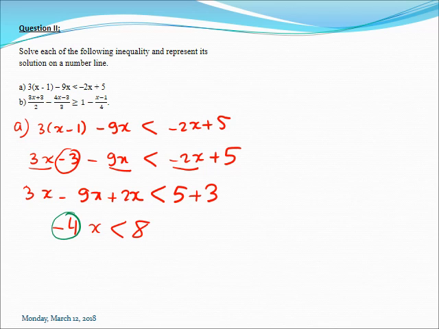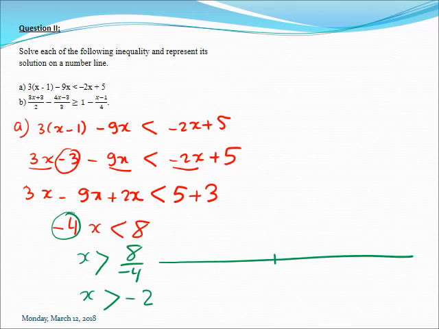Minus 4 here, so reverse the inequality, becomes x greater than 8 over minus 4, so x greater than minus 2. Solution on number line, minus 2 greater than, that's greater than only without equal, so here dots.